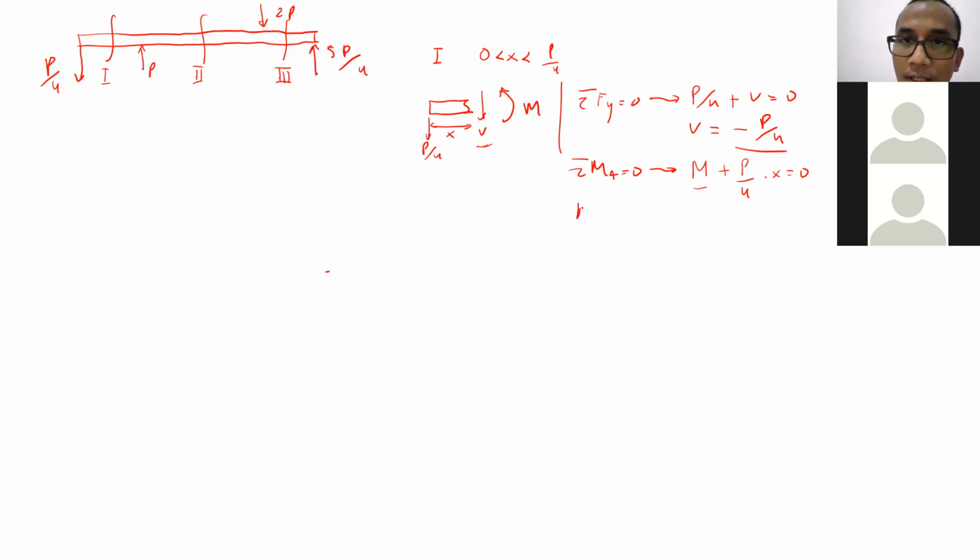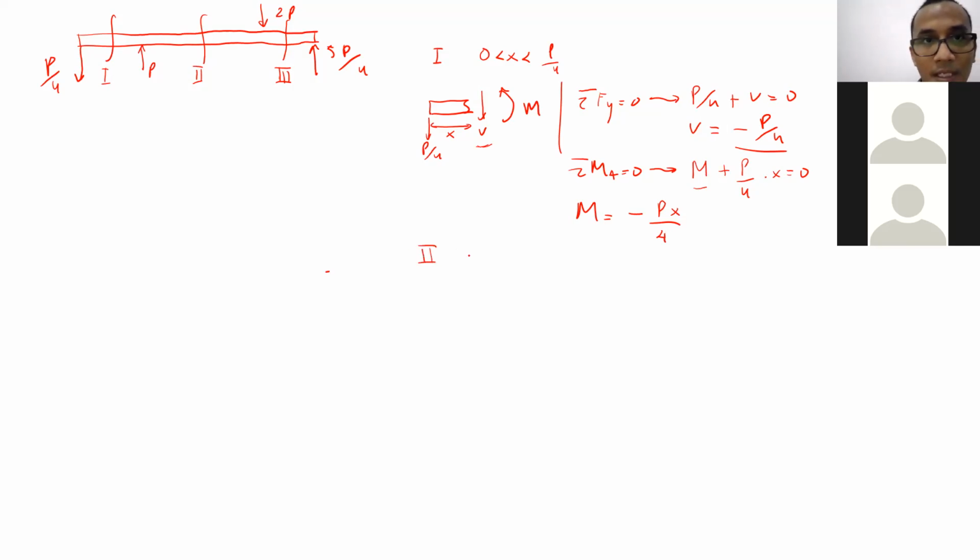So we will get that M is equal to negative XP over 4, minus PX over 4. That's our first cut.